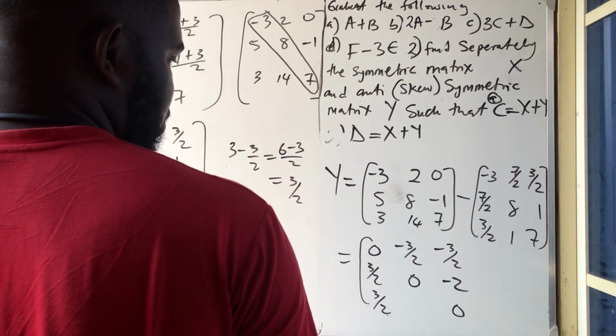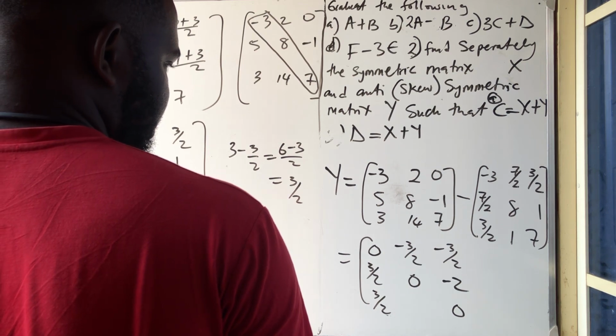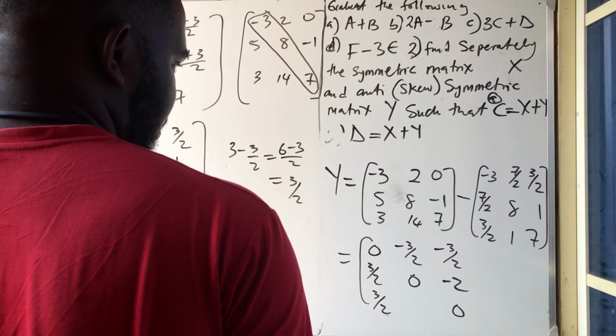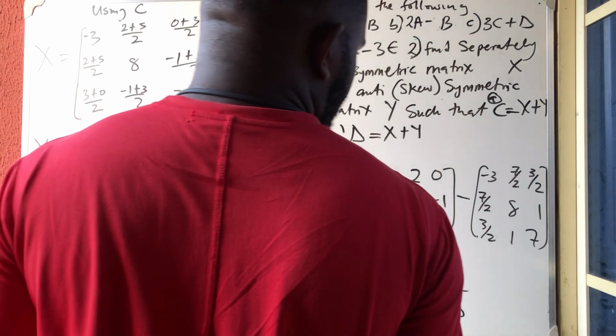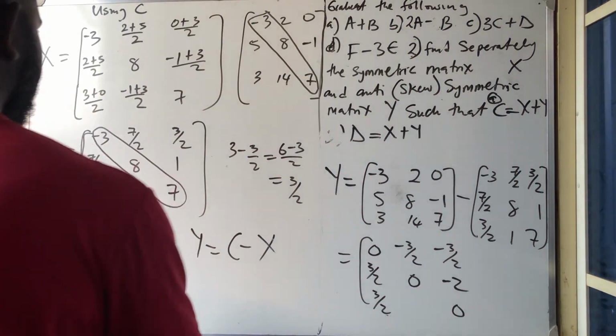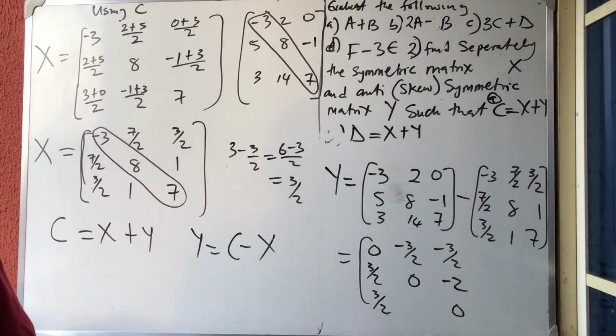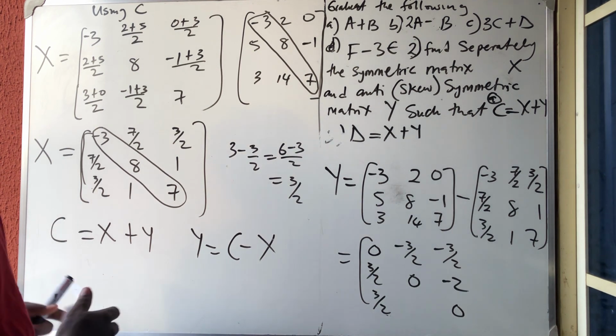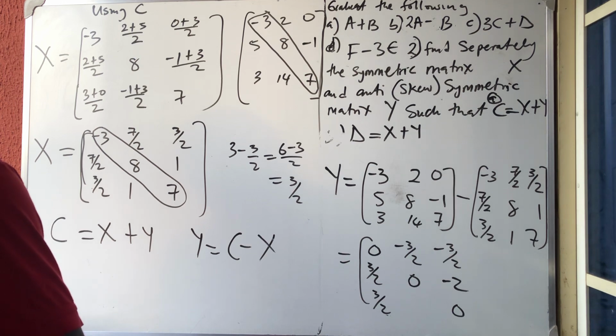So 14 minus 1 is 13. There's a mistake somewhere in getting my x.